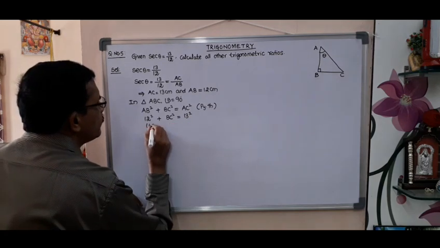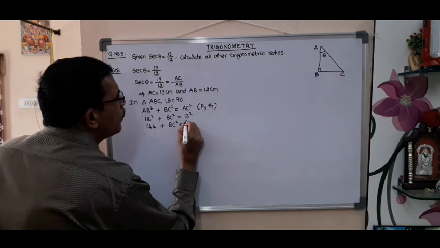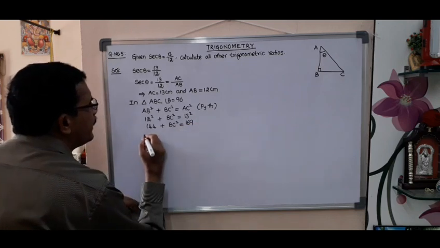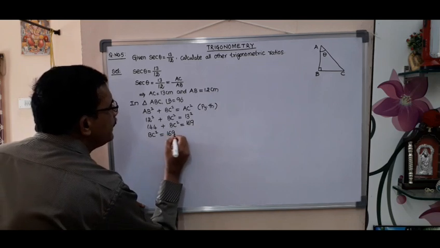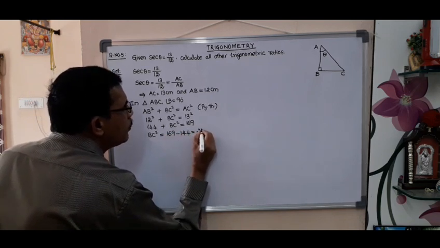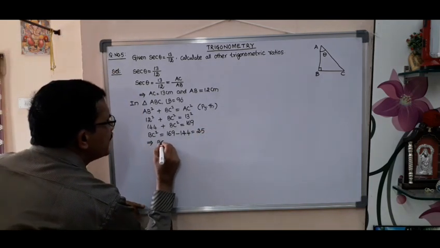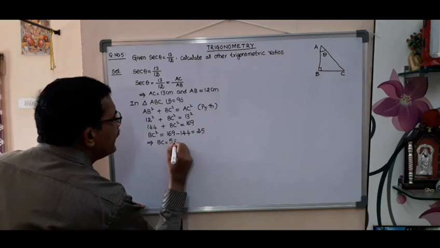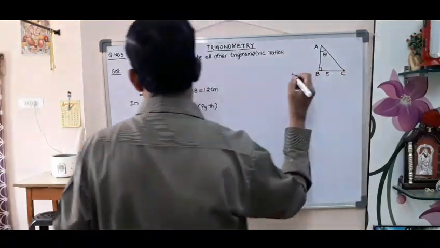So 144 plus BC square is equal to 169. BC square is equal to 169 minus 144, which is equal to 25, implies BC is equal to 5 centimeters. So BC length is 5 centimeters.